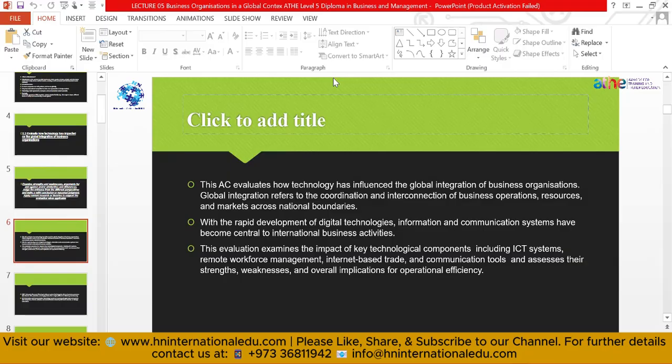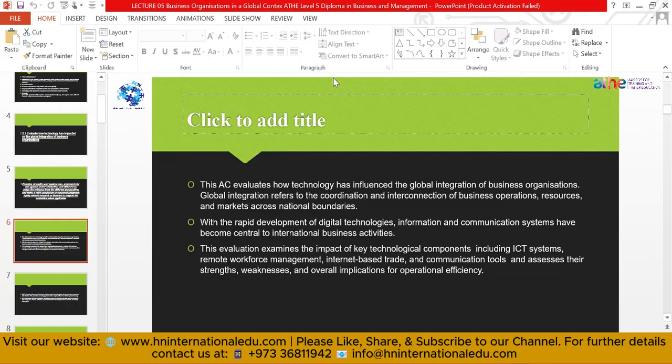With the rapid development of digital technologies, information and communication systems have become central to international business activities. First, you need to make sure that your national ground is strong, then we can reach towards the international one, because each and everything will be shared then. This evaluation examines the impact of key technological components, including ICT systems, that is information and communication technology systems, remote workforce management.